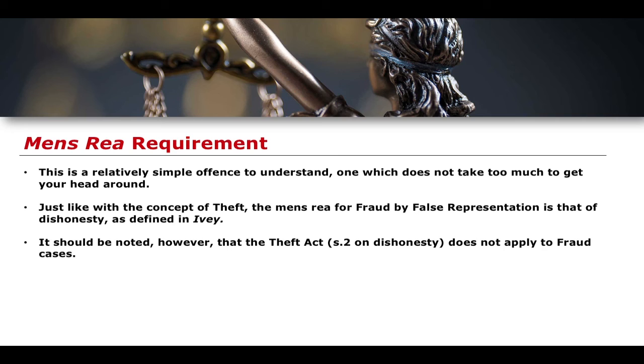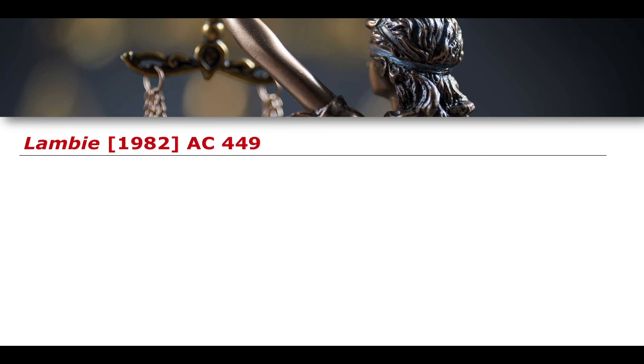Only the definition of dishonesty, as we see in cases like Ivey, for example, is representative of the concept of dishonesty that stretches across to fraud cases. So the Theft Act is speaking specifically about theft. The Fraud Act speaks specifically about fraud. The case of Ivey talks about the concept of dishonesty more broadly, given that it wasn't even a criminal case, but a civil case.